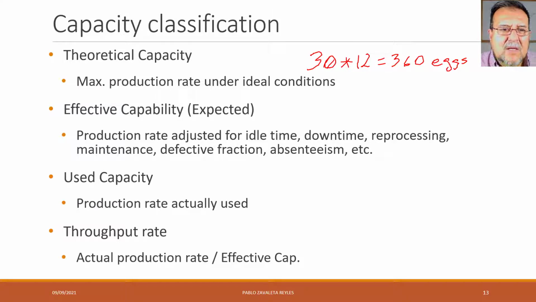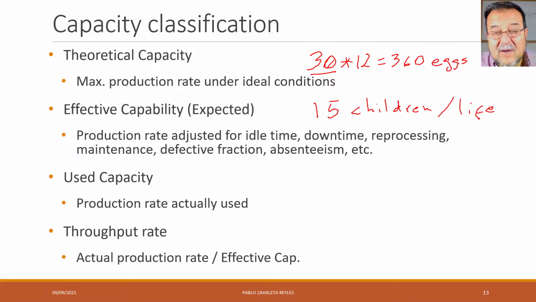That would mean that instead of having 30 years of children, we could have one every 2 years, which would mean that she could have 15 children throughout her, let's say, usable or fertility life.